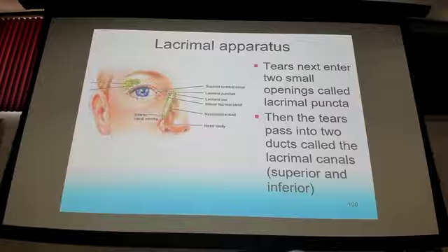If you have kids, you know about this because they often get plugged. If those lacrimal puncta get plugged, like with mucus or dirt, potatoes, whatever they're into, they'll wake up and their eye will be red. But if you take a moist compress and massage that back and forth, it'll open up that punctum, and then the lacrimal fluid can drain.